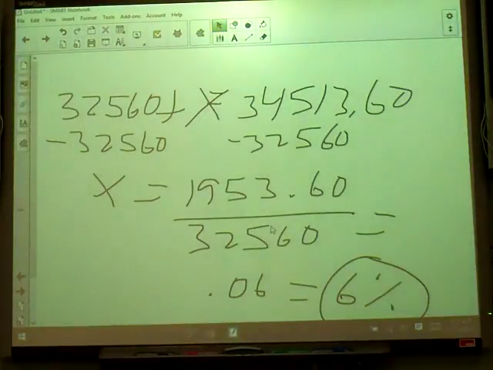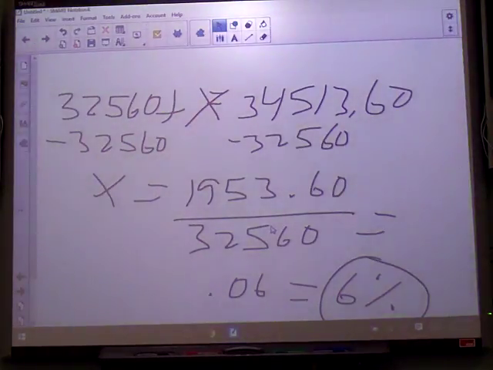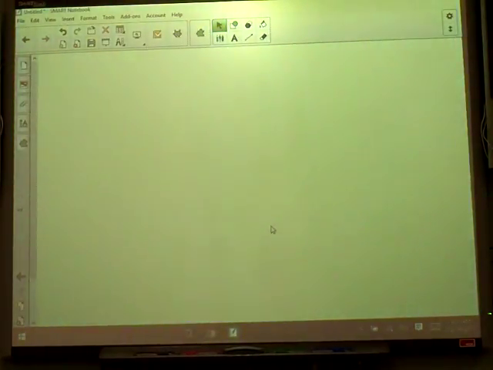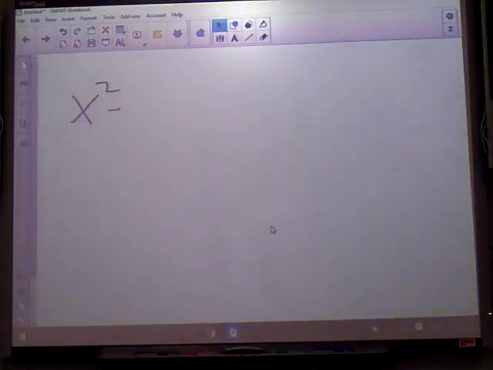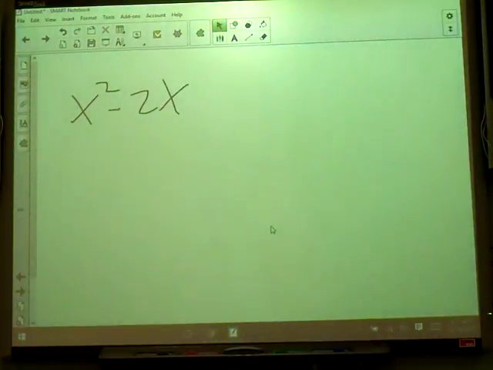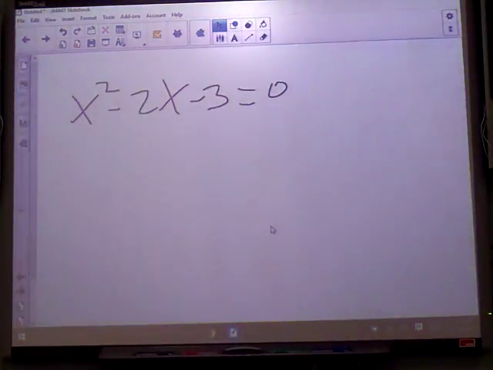Last page. On 99, I had x squared minus 2x minus 3 is equal to 0. Directions say to solve the equation. You could do quadratic formula, you could do factoring, whatever. This one is easy to factor.